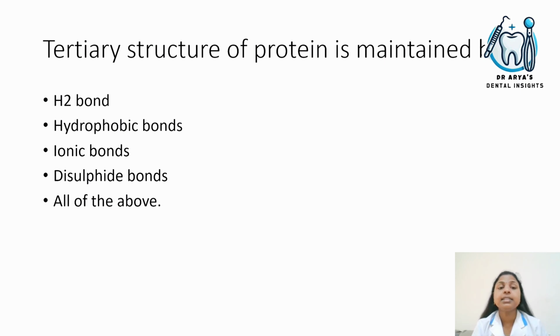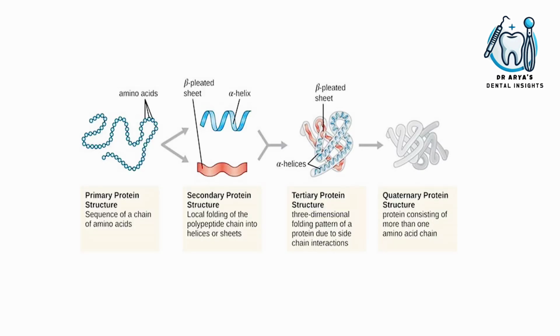Next question. Tertiary structure of proteins is maintained by hydrogen bonds or hydrophobic bonds or ionic bonds or disulfide bonds or all of them? So this is the primary protein structure, the sequence of chain of amino acids.